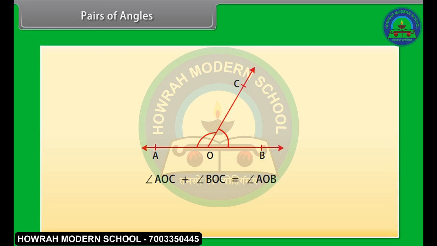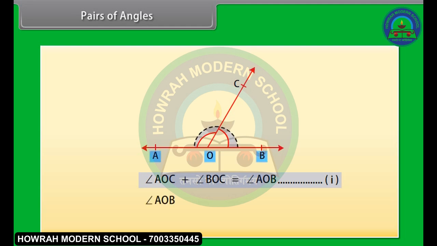Yes, because angle AOC and angle BOC are adjacent and angle AOB is the angle formed by the two non-common arms, and we have studied that when two angles are adjacent, then their sum is always equal to the angle formed by the two non-common arms. Mark it as 1.